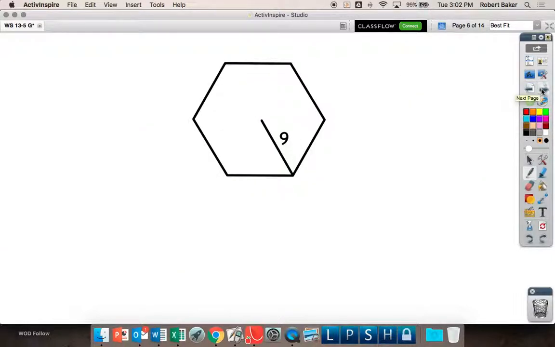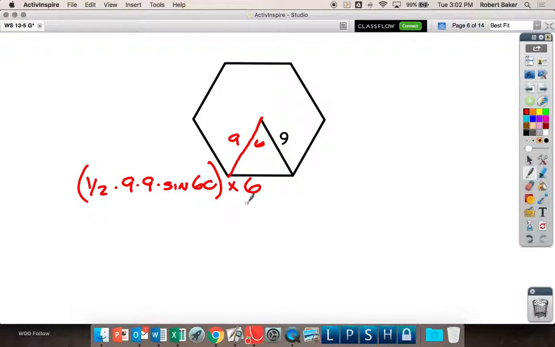let's calculate the area of this hexagon. So, again, 6 sides. So that means that the measure of the central angle is 60. Student justifies that the length of this red line is 9. 1/2 times sine of 60 times 6, because there's 6 congruent triangles in there.